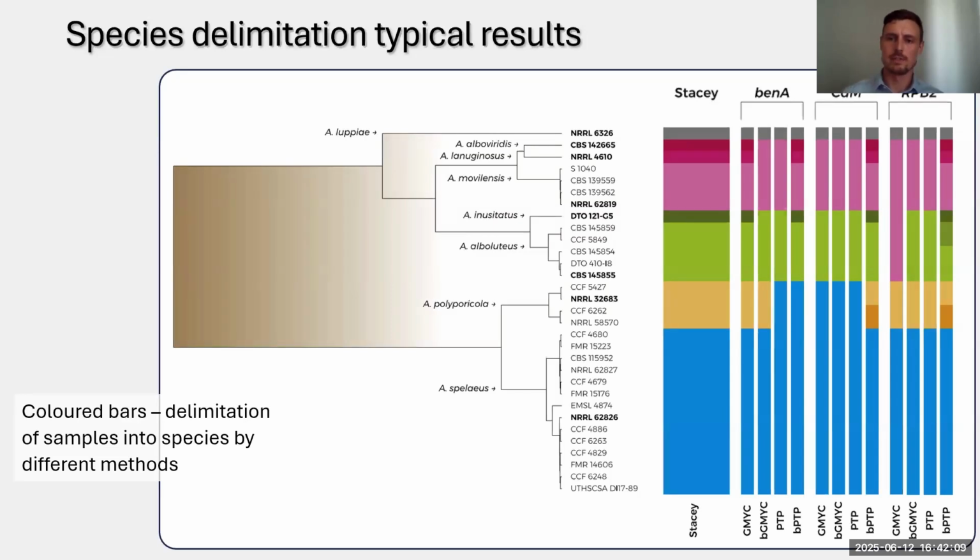When there are incongruencies in the delimitations among the different methods, it's represented by these bars being split into separate colors if a method separated the data set based on this gene into more species.